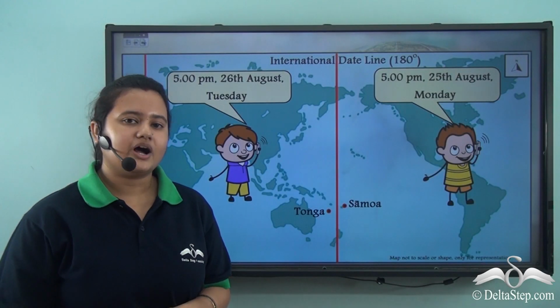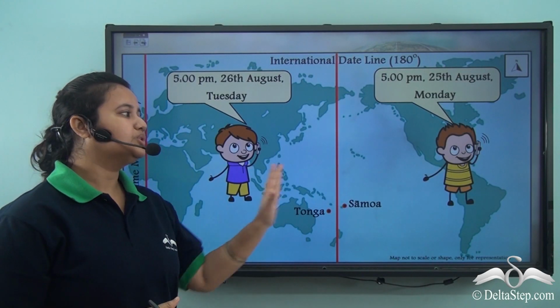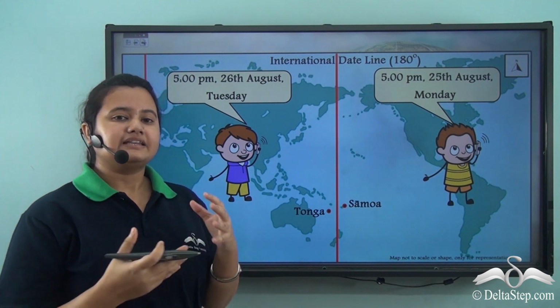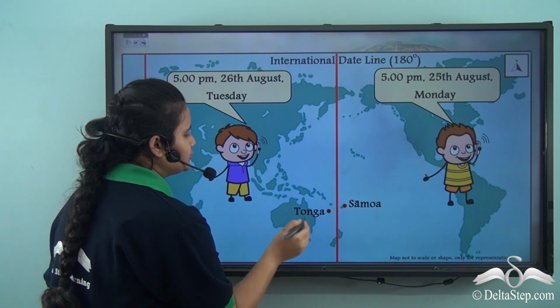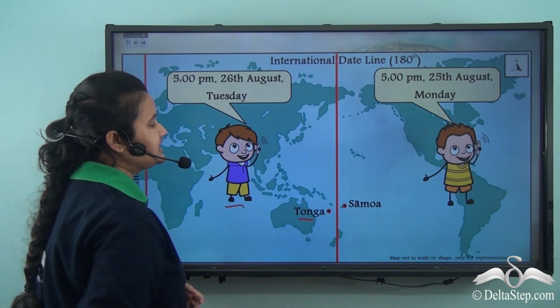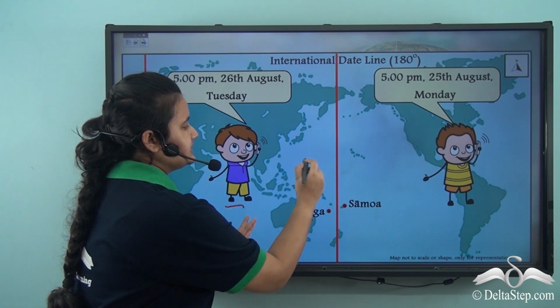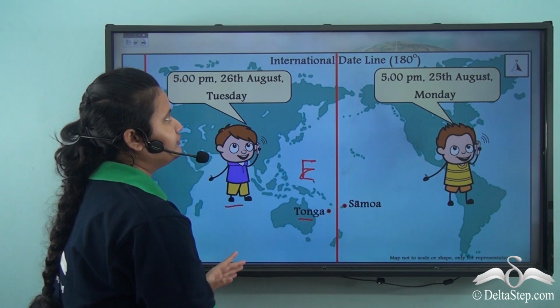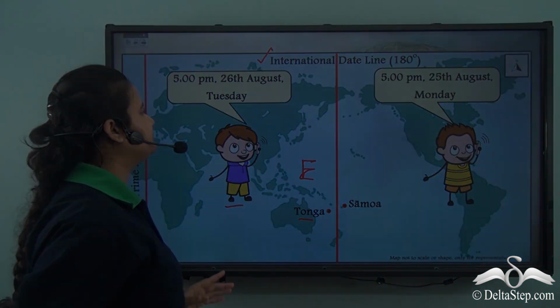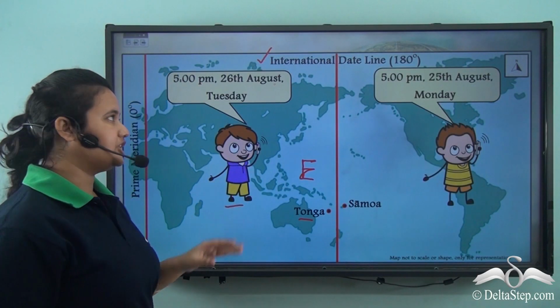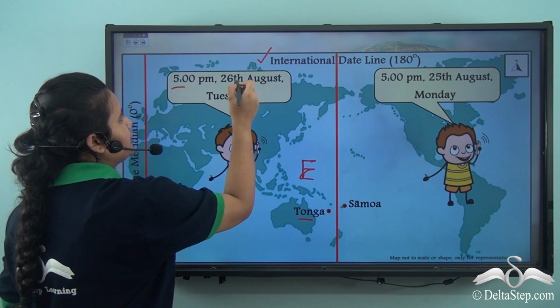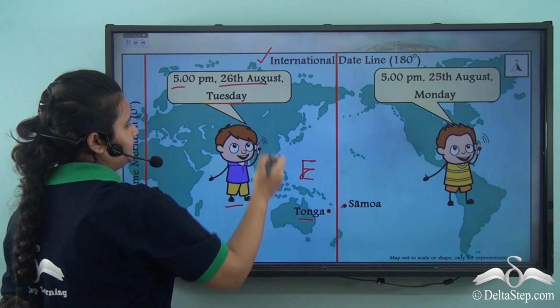So now can you understand why I said that both these boys are correct? This is because Tonga, where George lives, lies to the east of the international date line. So according to his place of location, it is 5 p.m., 26th August, Tuesday.